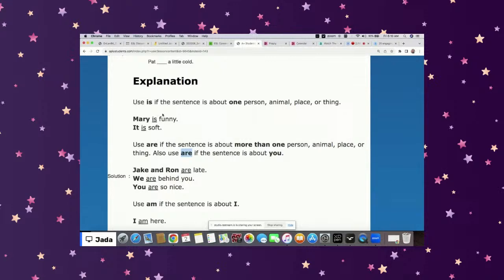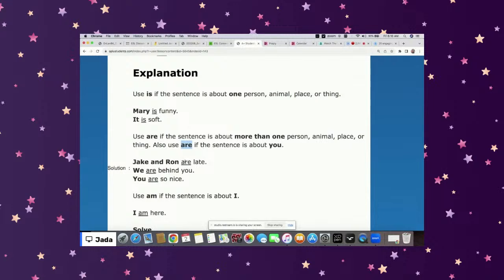Is for one person, are for more than one person. So just like Jake and Ryan are late, we are behind you. You are so nice. So now this is why it says that if it's you, if you want to talk about yourself, you use are. You are so nice. You are so beautiful. You are so handsome. Okay?